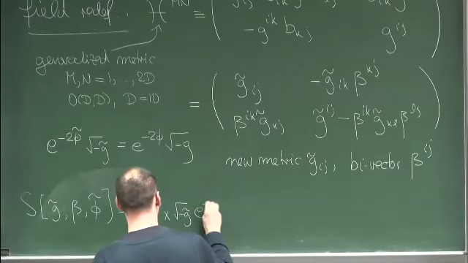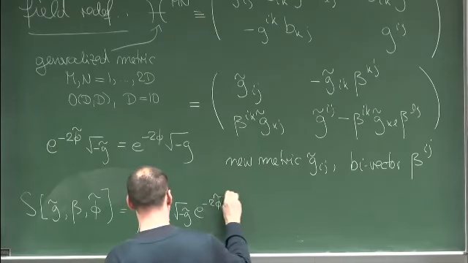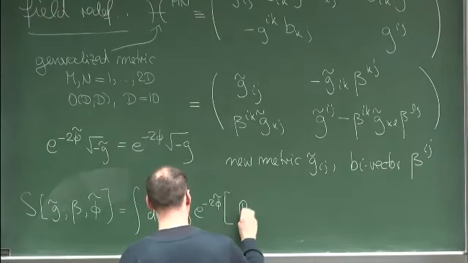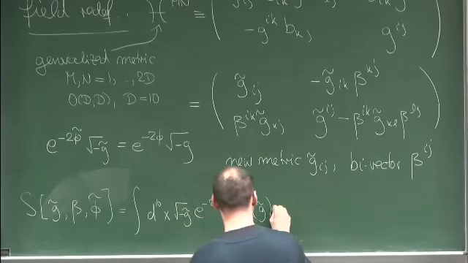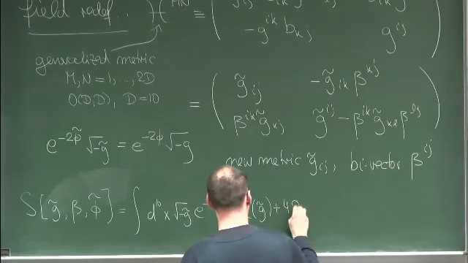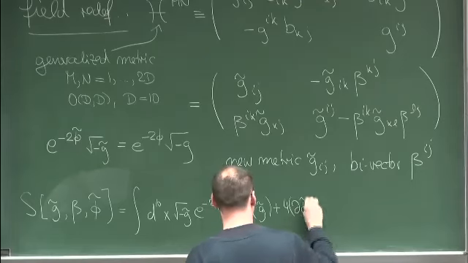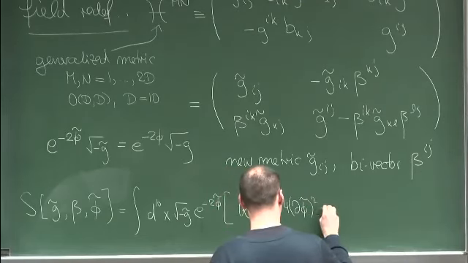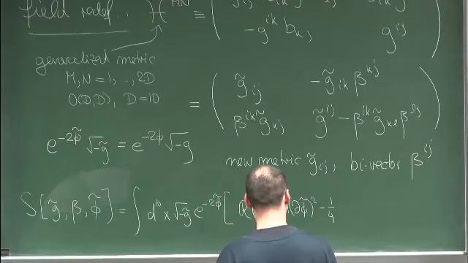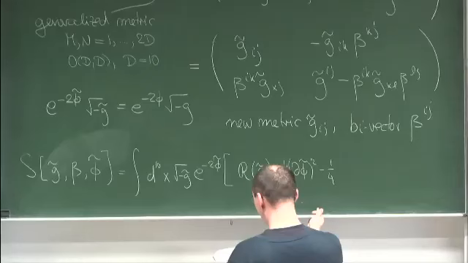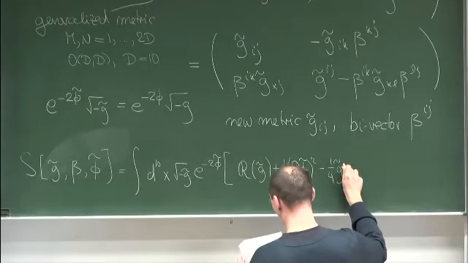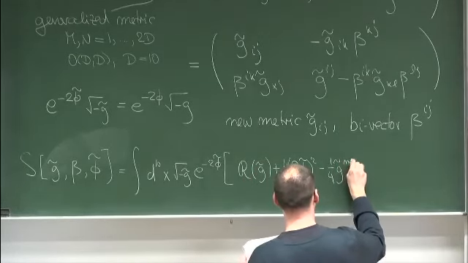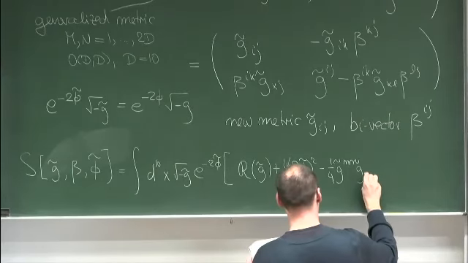You have e to the minus 2 phi tilde in front. And now you get the Einstein-Hilbert term still, but now with respect to G tilde rather than G. You get a kinetic term for the dilaton, and you get a Q square term. And what I mean by Q square term is the following. So let me write out the matrix explicitly.